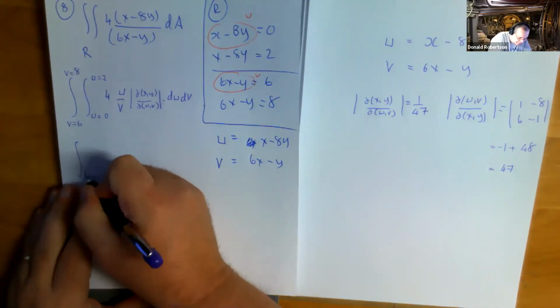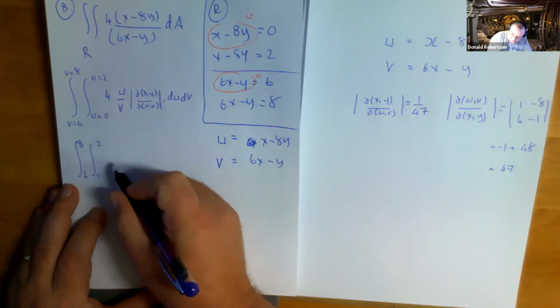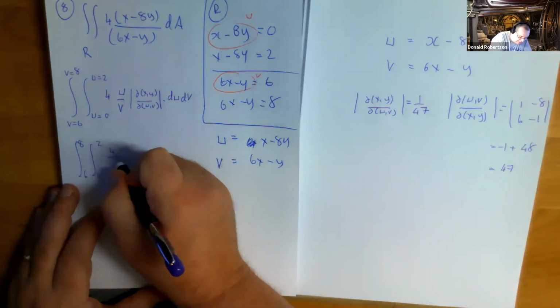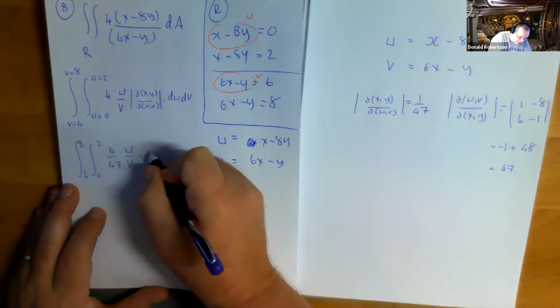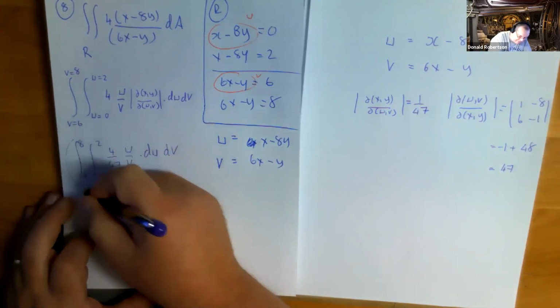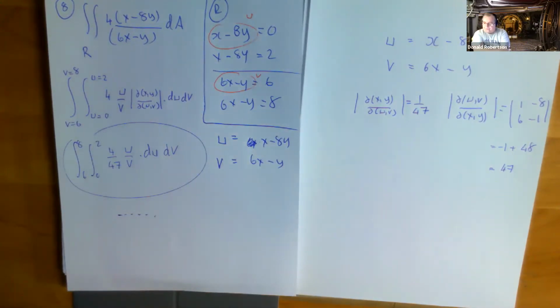So my integral is basically v from 6 to 8, u from 0 to 2, 4 over that guy, u over v, du dv. Can I pull that out now? Is that variable separable?